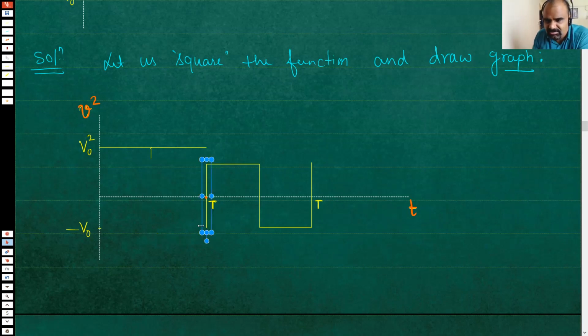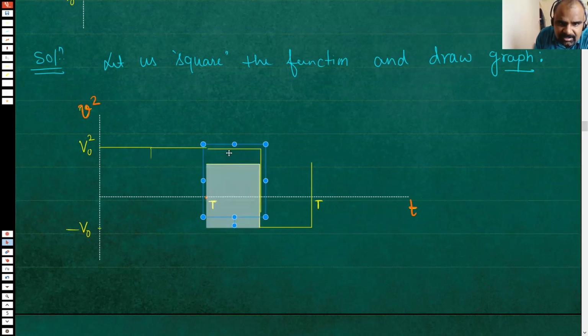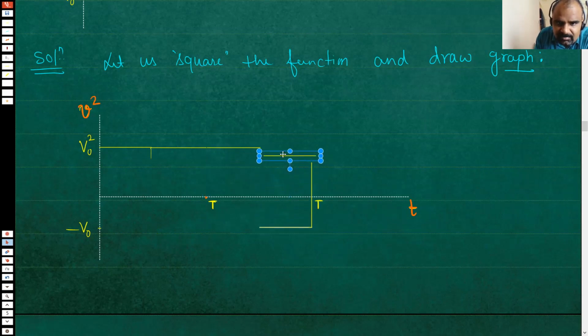Is that right or not? And then this will also become here to here. And this will become, it was negative, but it will become positive. Like this. So the entire graph will become a straight line.